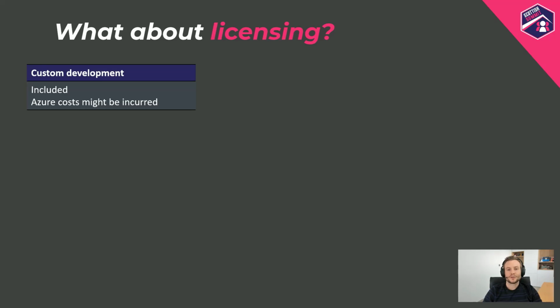Now, of course, some Azure costs might occur, or AWS, or wherever you host your application. Because with custom development, you have to build your application and you have to publicly expose it somewhere so that the Teams client can find it and show it inside the Teams client. So while it's included in your licensing, there might be additional costs involved.